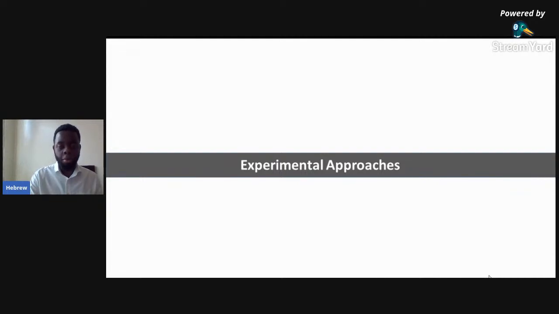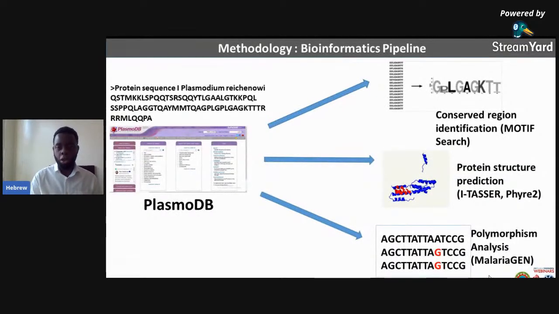So in terms of my experimental approaches, just to give a quick overview of what I did, we were basically retrieving orthologs from a bioinformatics database known as PlasmoDB. This is a database that is dedicated to genomic analysis and genomic data of all Plasmodium species.